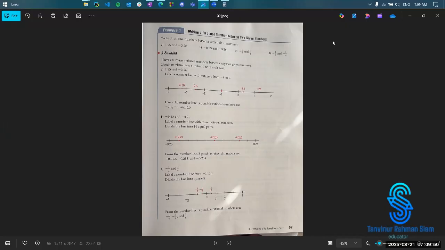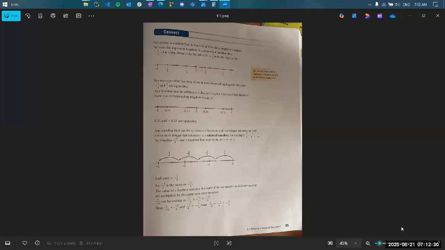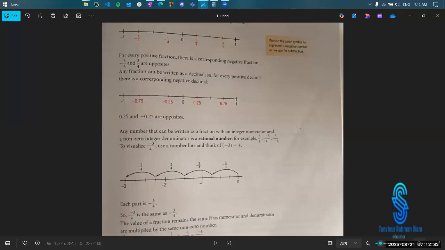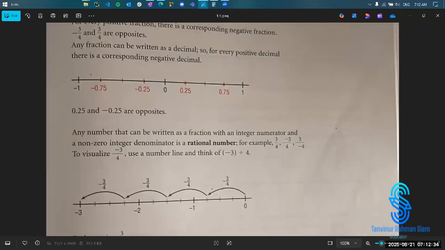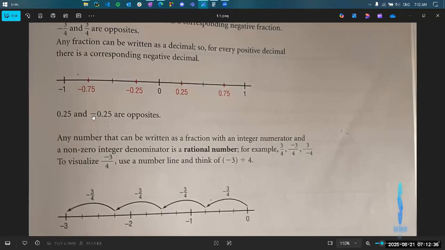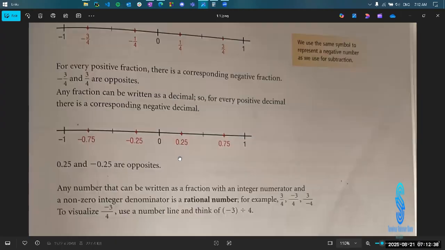I gave you 95. Okay. So here it's 95, right? Which one? This particular page.